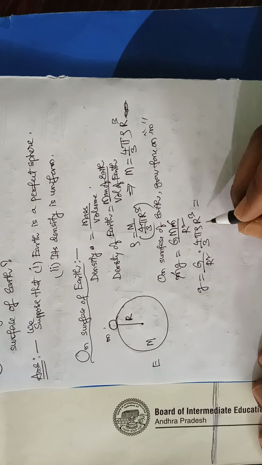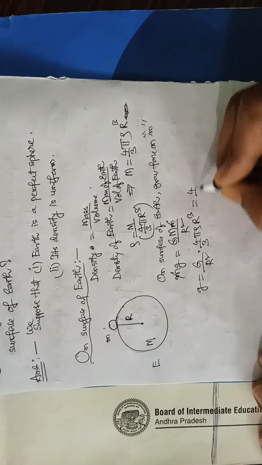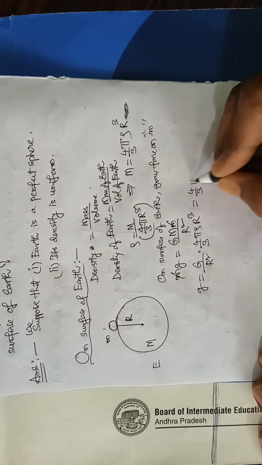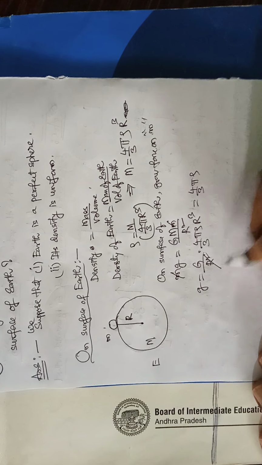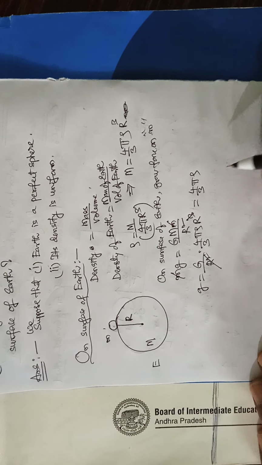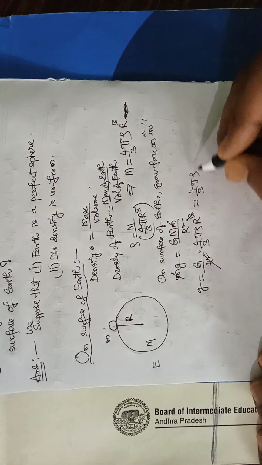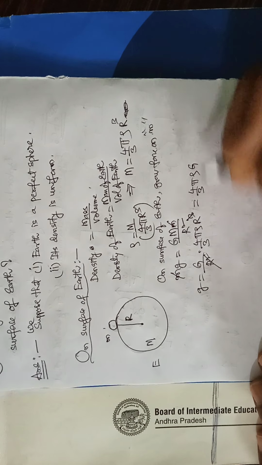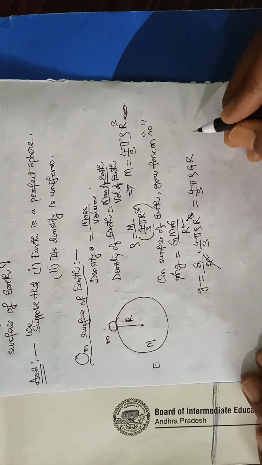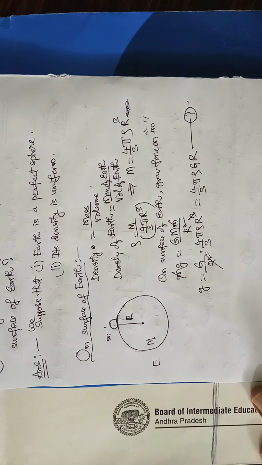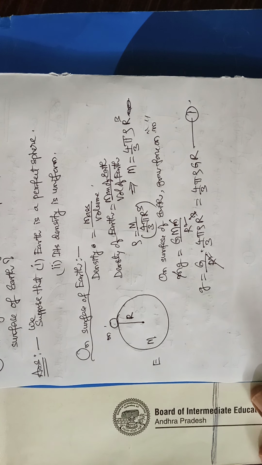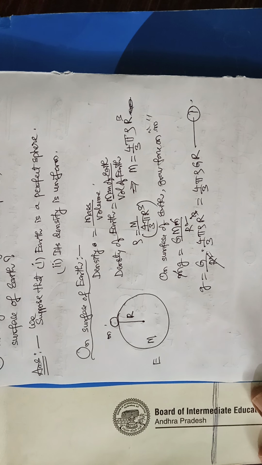That is equal to 4 by 3 pi rho, G value and R value. Say this is equation 1. You got an expression for g value on the surface of the earth in terms of density.